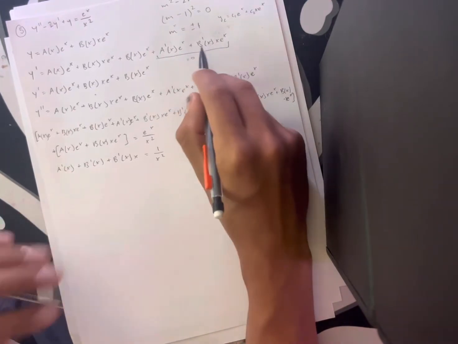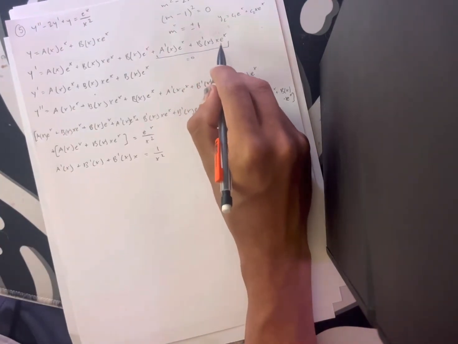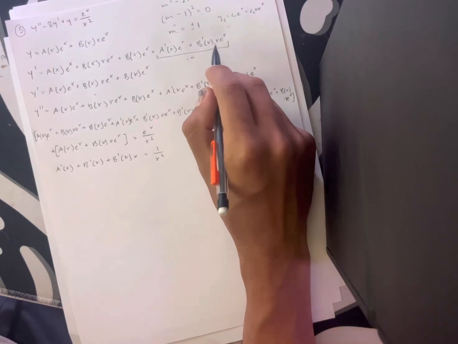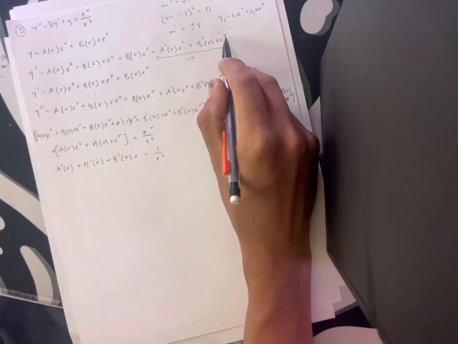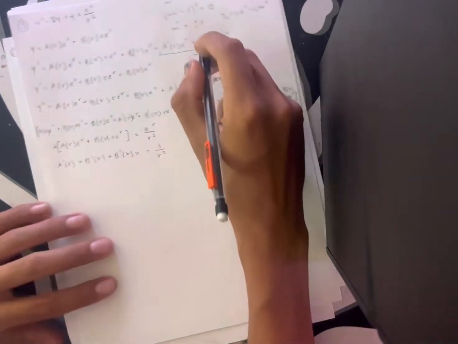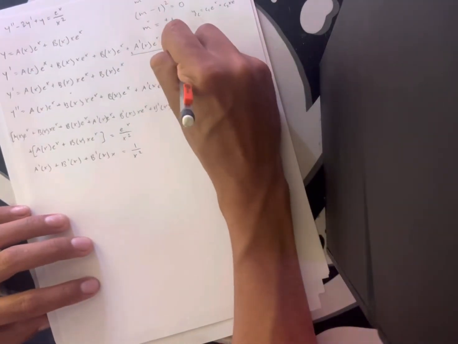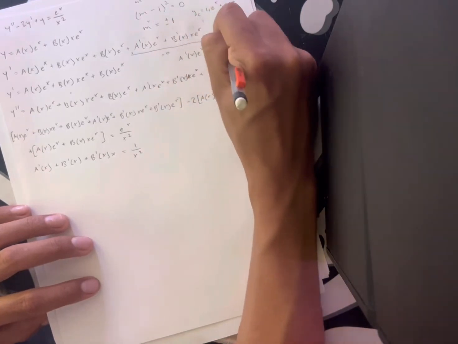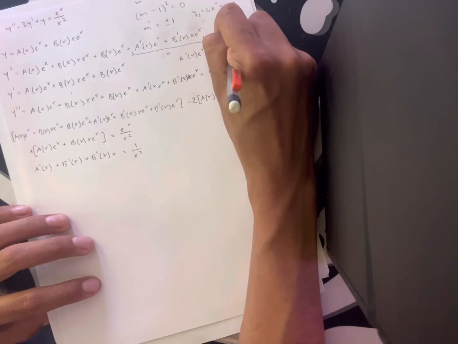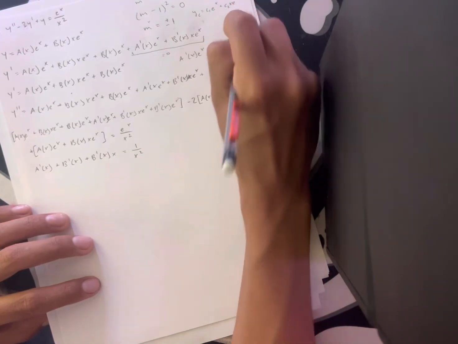So if you were to subtract, this essentially comes out to a prime x e^x equal to negative b prime x x e^x.